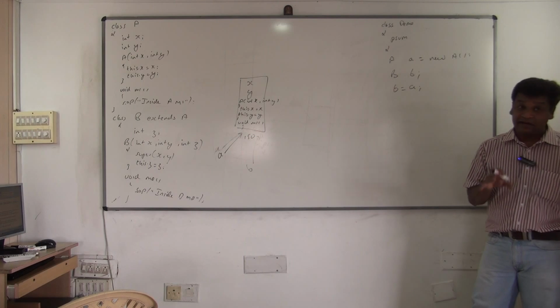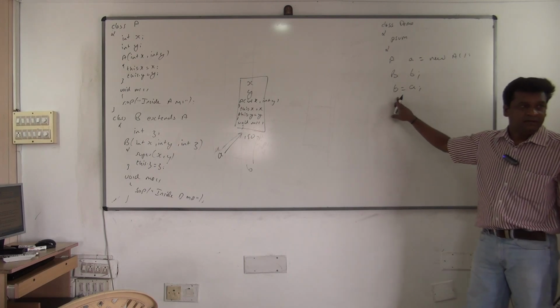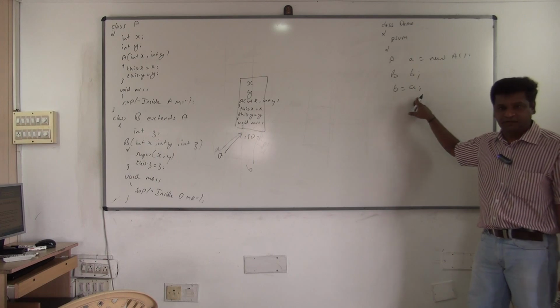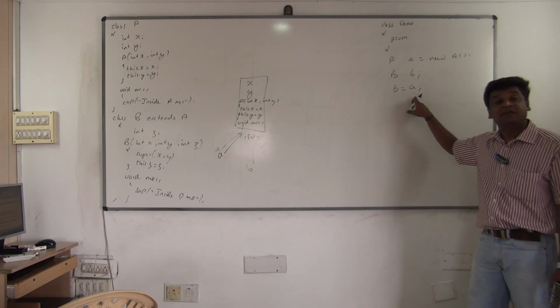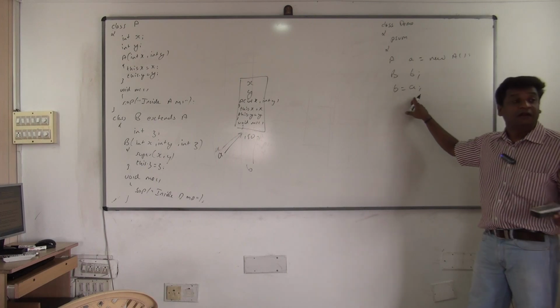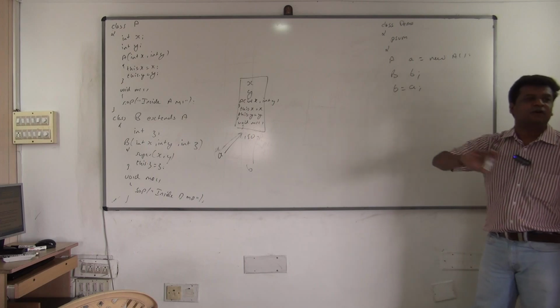The rule continues. Clearly understand the statement: a subclass reference variable cannot refer to a superclass object. Still more clearly, you are trying to give the reference value of a superclass object to a subclass reference variable. Not possible.